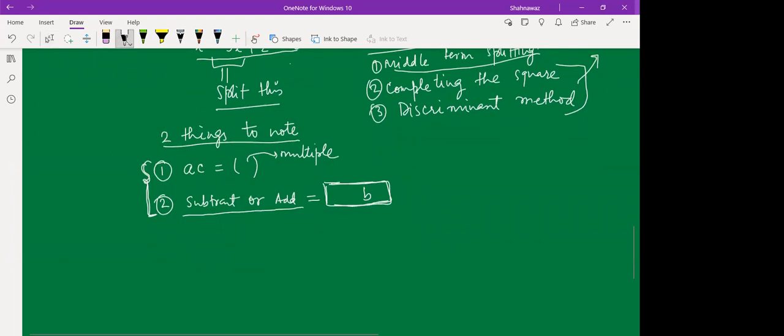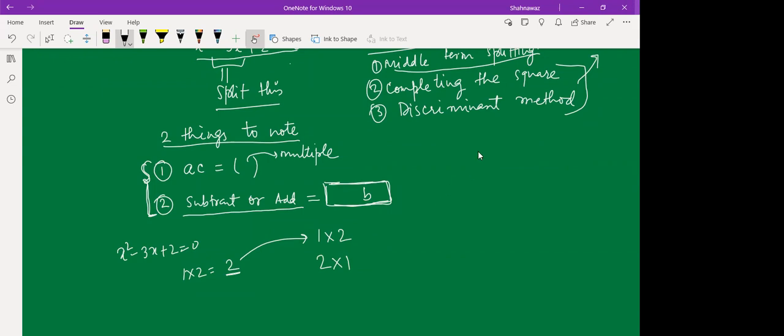So x square minus 3x plus 2 equals to 0. When you multiply A into C, that will be 1 into 2 equals 2, right? So you take the factors of 2. There will be two factors: 1 into 2, and 2 into 1.